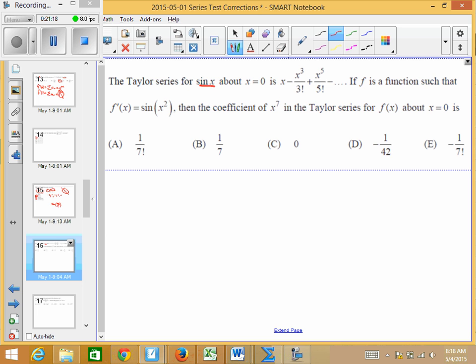They want the coefficient of x to the 7. That's fine, that's the formula.